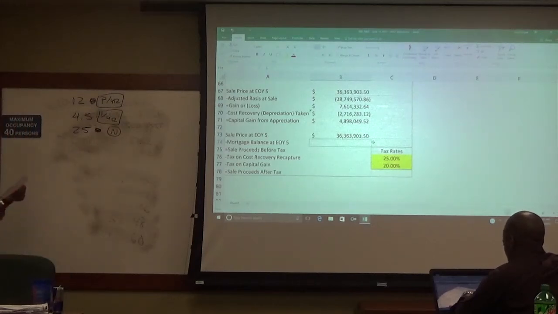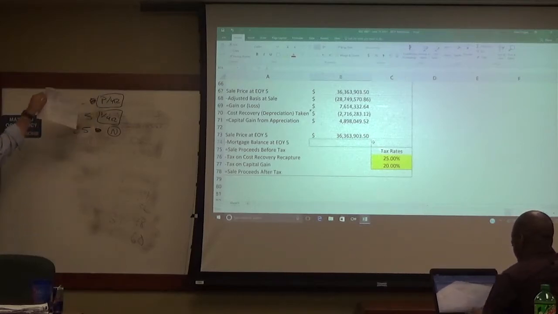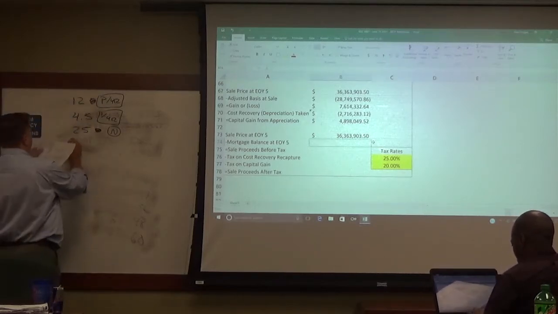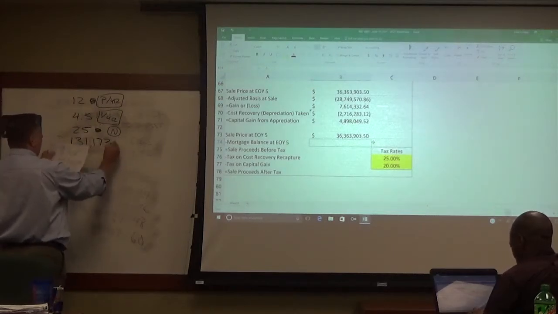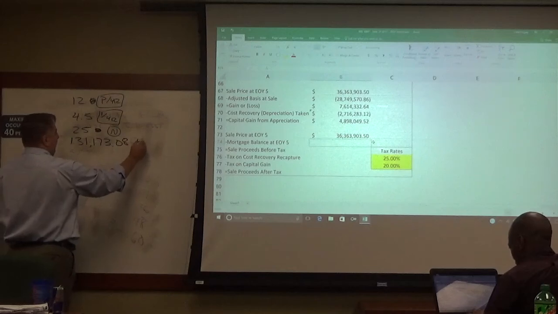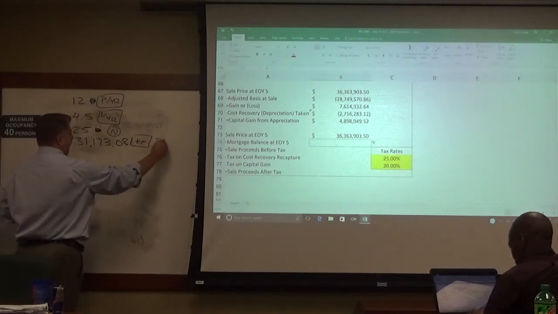And we know that the monthly payment on the loan, which once again is given to you up here on the sheet, is $131,173.08. So that's going to be a negative payment.